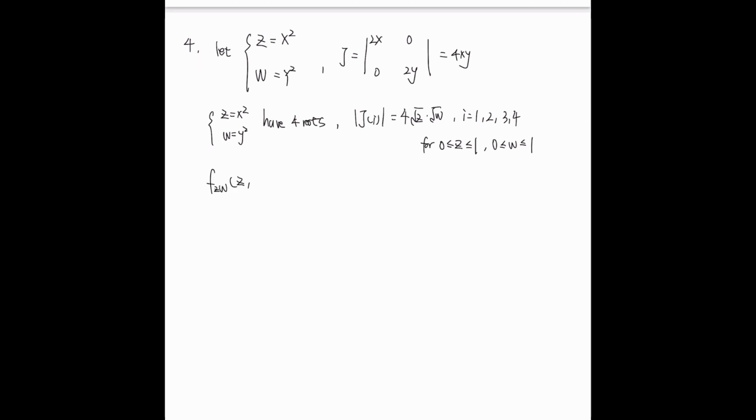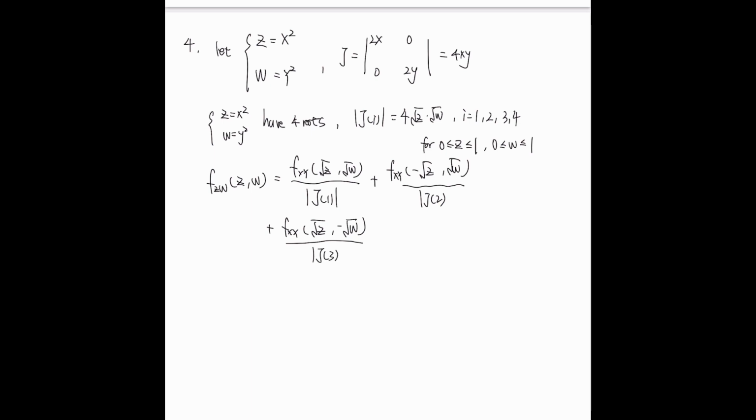F_ZW of (z,w) equals f_XY(square root of z, square root of w) over J1 plus f_XY(negative square root of z, square root of w) over J2 plus f_XY(square root of z, negative square root of w) over J3 plus f_XY(negative square root of z, negative square root of w) over J4.